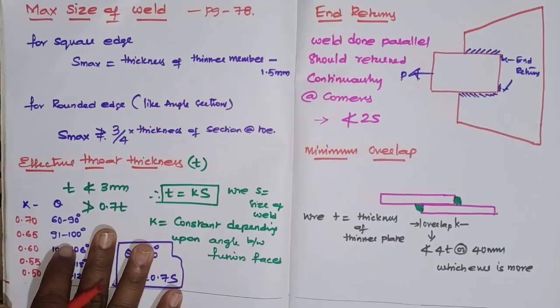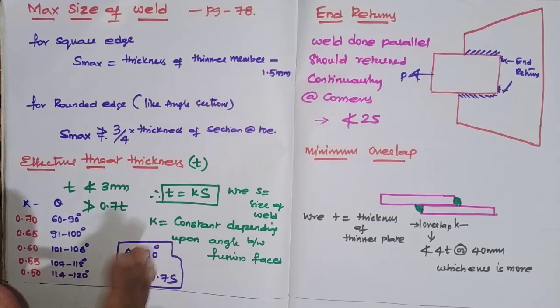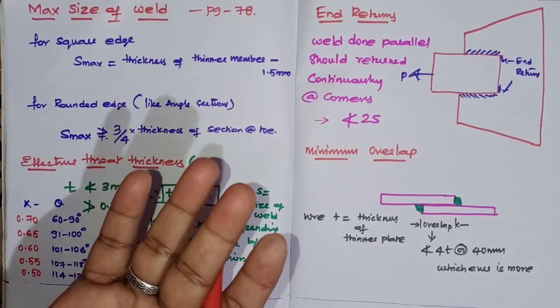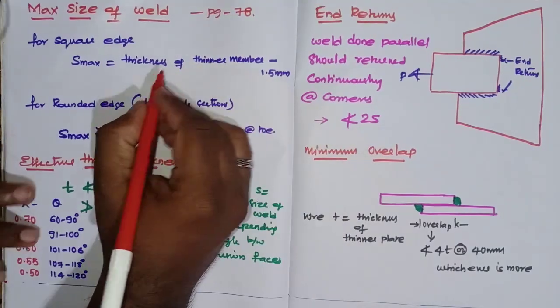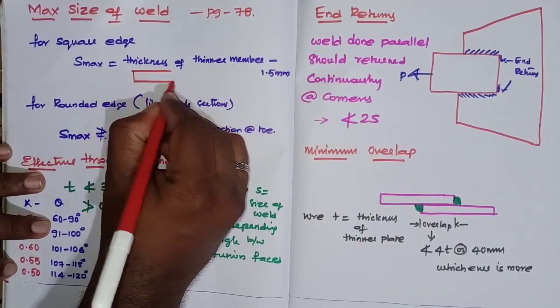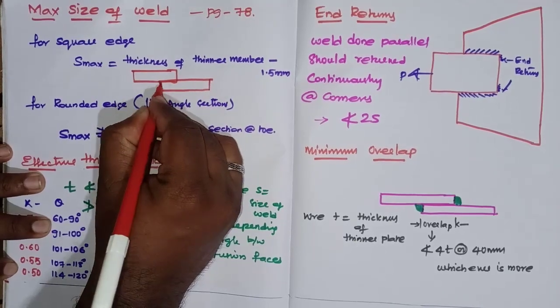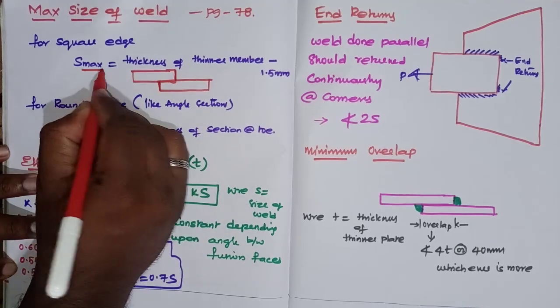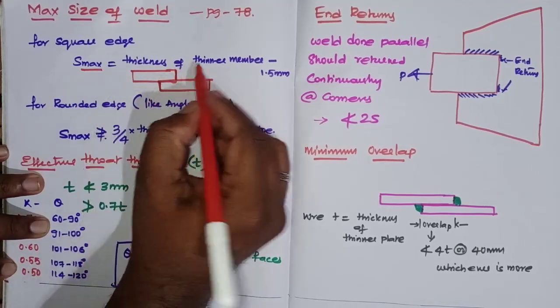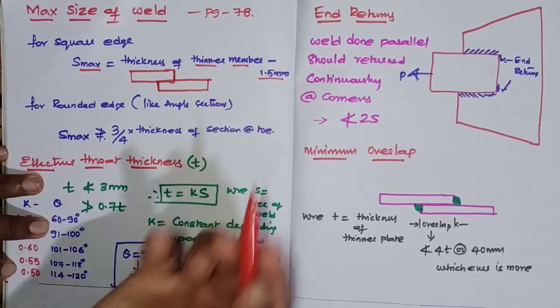Next, maximum size of weld. This is as per page number 77 to 78. Suppose I am connecting two flat members with a square edge. The maximum size of the weld is equal to the thickness of the thinner plate minus 1.5 mm.